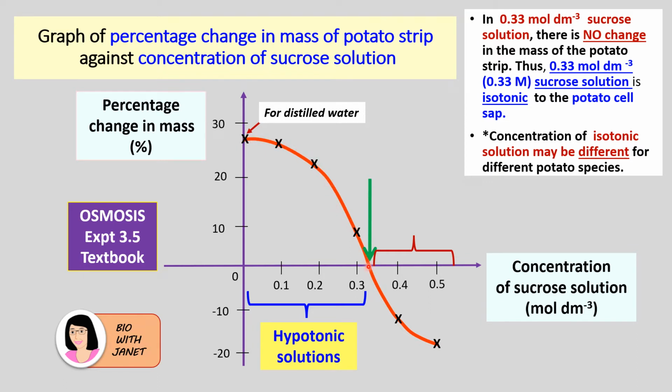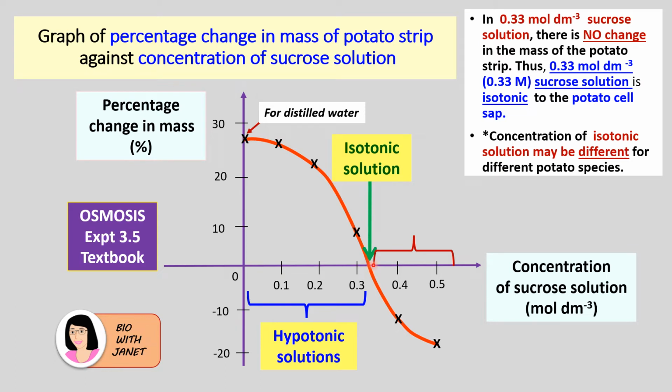Okay, and then at the point where the horizontal axis and the curve meet here, the intersection, there's no change in mass here, right? For this point, this is the isotonic solution, where water diffuses into and out of the cells at equal rates, and there is no change in mass. So we must be able to determine this value.